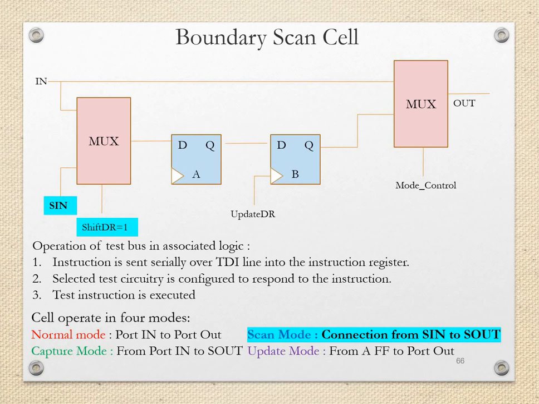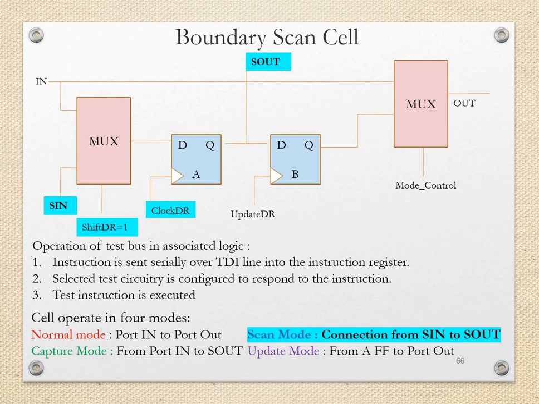Then that signal will be applied to the flip-flop. Now for this first flip-flop, if the clock DR signal, that is data register clock, is applied, then the data will move from this flip-flop D input to the Q output, and then that is available as signal out.